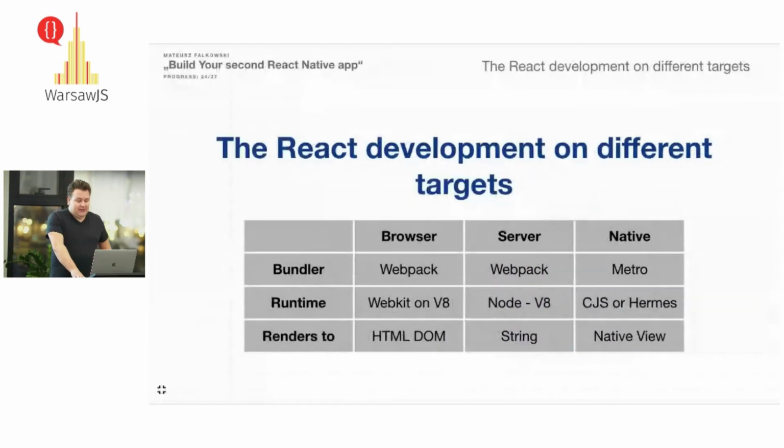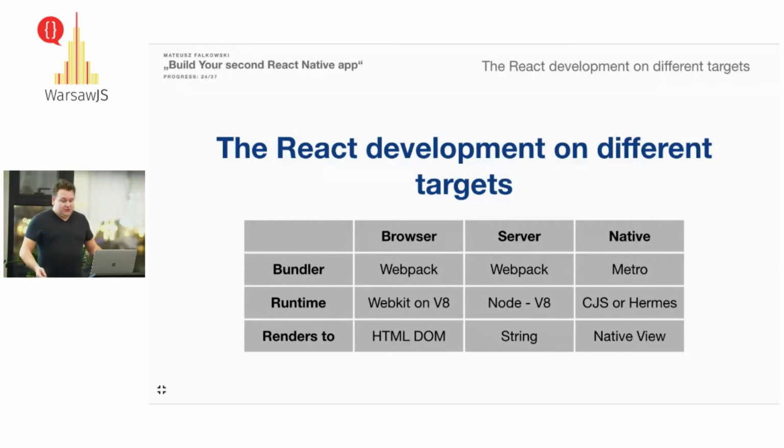And what is also surprising for someone, React Native has a totally different runtime. Of course, there is a table with a comparison of the runtimes of the bundlers. Everything is, of course, elastic.